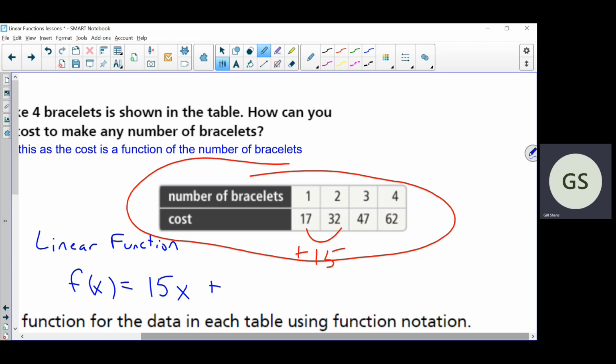If you took either of these points, they would be 0, comma something. The y-intercept is the y value, whatever the number is in the y spot, when x equals 0. Always. That is every single time in math.